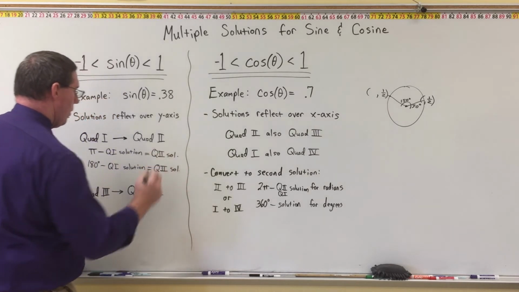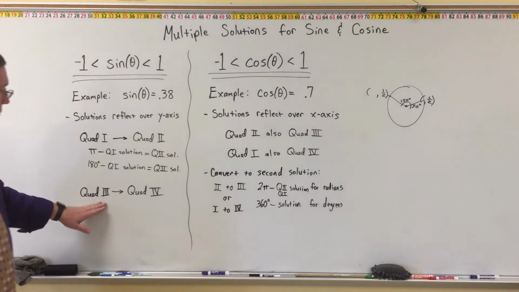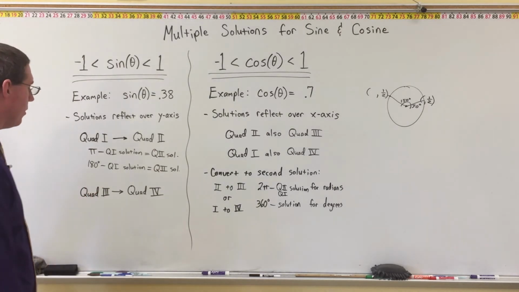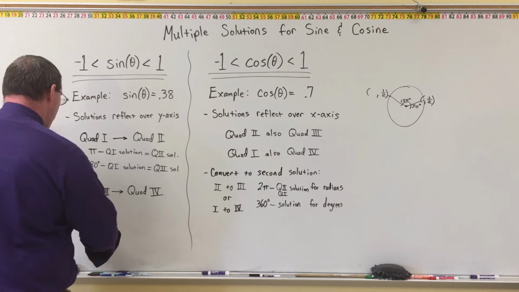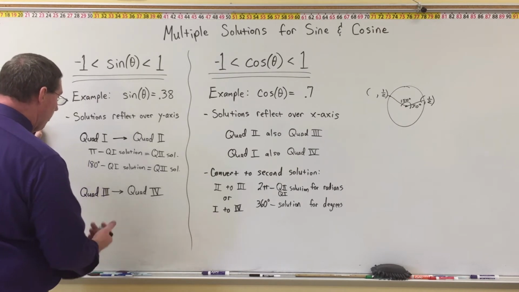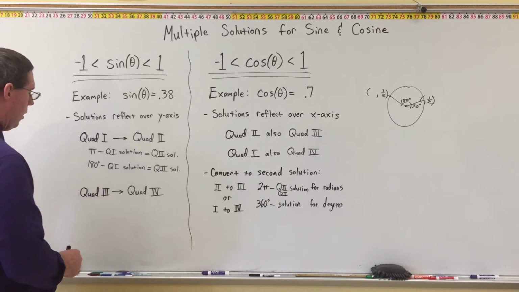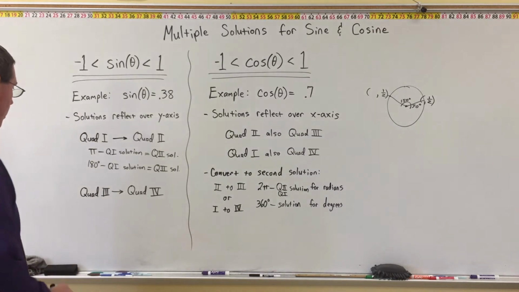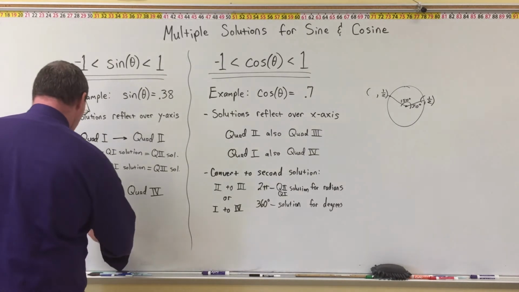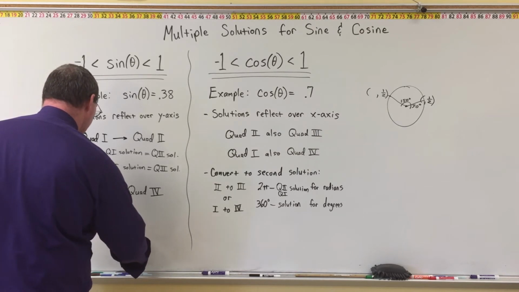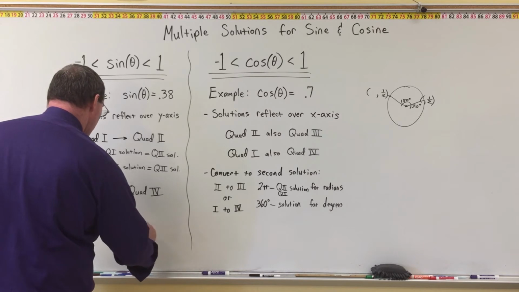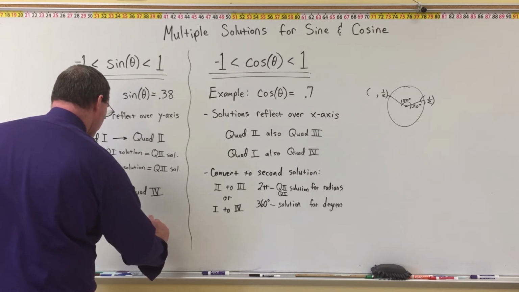Now down here, going from quadrant 3 to quadrant 4, it's kind of weird, but I want you to understand this is going to work. Your two possibilities, your two formulas, one for radians and one for degrees. The degree one is 540 degrees minus the quadrant 3 solution is going to give you the quadrant 4 solution.